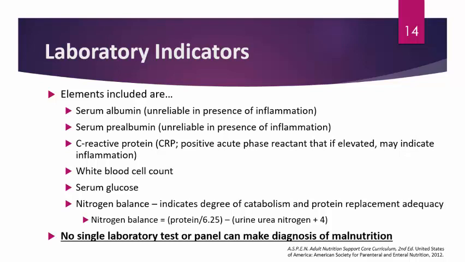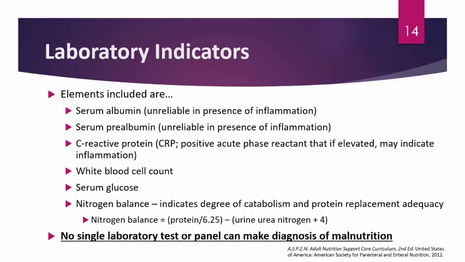The difference between albumin and prealbumin is that albumin has a longer half-life, whereas prealbumin's is much shorter. And prealbumin, as a result of its shorter half-life, may be a little bit more reliable than albumin in general. However, if you have any degree of inflammation, these proteins will actually be altered in their production, and as a result, they're not reliable.